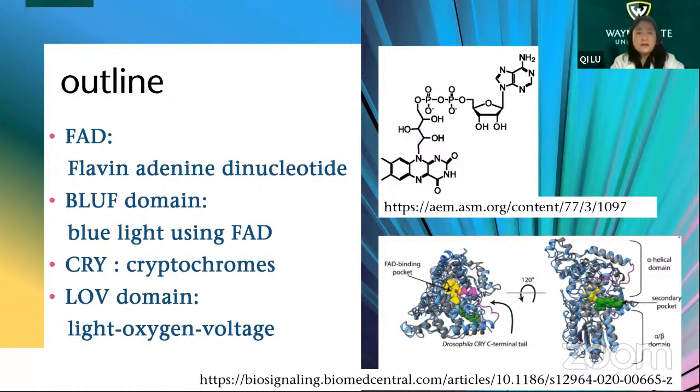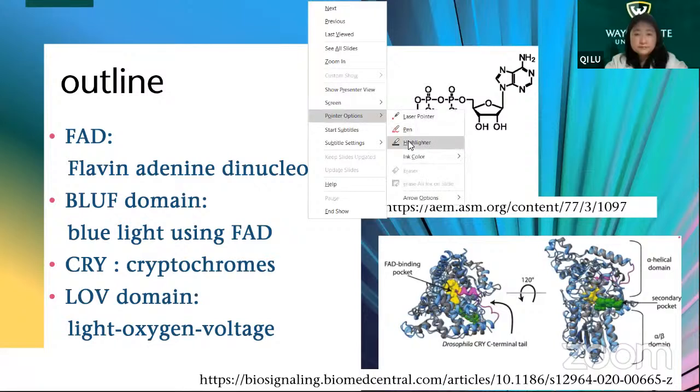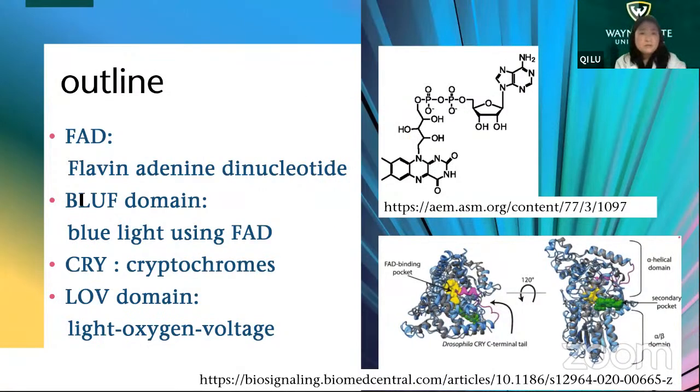That's flavin adenine dinucleotide. The photoreceptor proteins here have domains including the BLUF, that's blue light using FAD, the cryptochrome CRY, and the LOV domain, and some protein molecules that use the LOV domain.